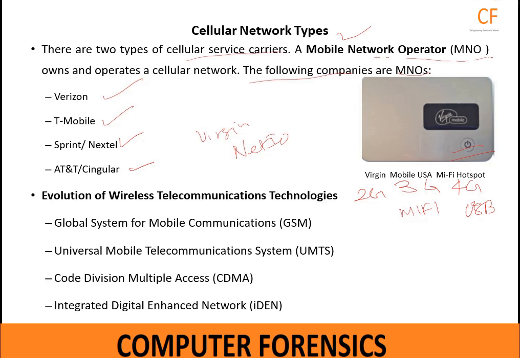4G long-term evolution, LTE Advanced, is a high mobility broadband communication that is suitable for use on trains or in other vehicles. Motorola Mobility, which was purchased by Google in 2011, holds the patent for this technology. 4G LTE was first implemented in Stockholm, Sweden.